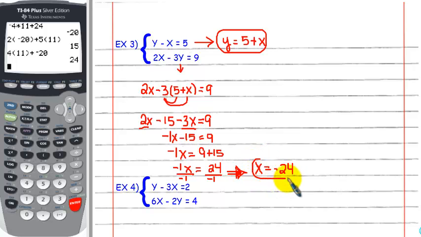Alright, so that means we know that our answer is going to be two lines that cross, and they're going to cross at one point, and that point of intersection will have the x coordinate of -24. Okay, now the thing that we need to do is find the y value now.